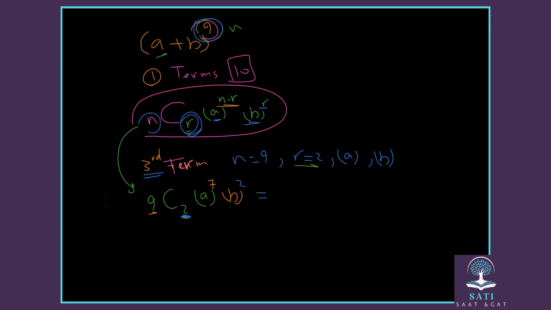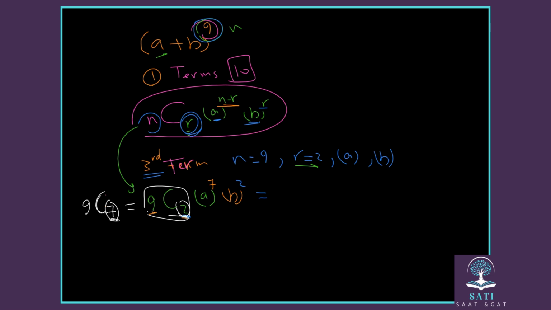Now I continue. Look, as we mentioned here, the combination equals 9 combination 7. Why? Because the 7 and the 2 make 9. So the combination of R and the complement of R to be N will be the same. So you can write it this way or this way.